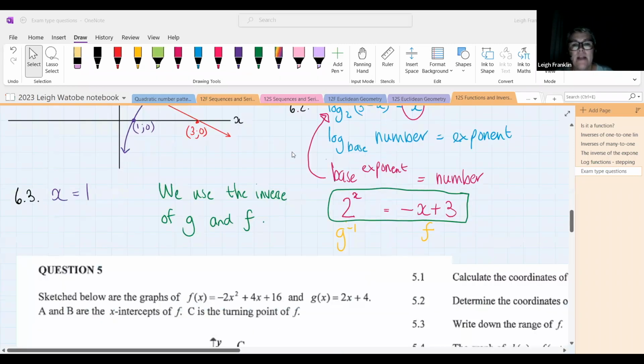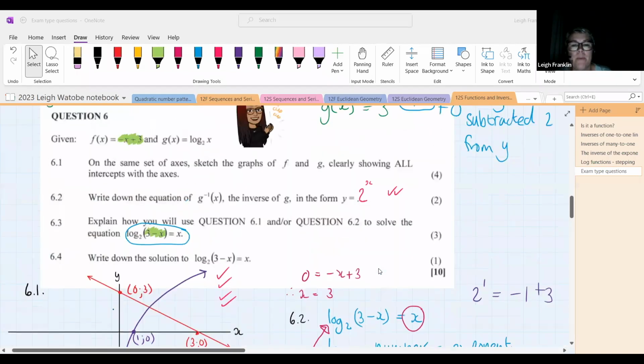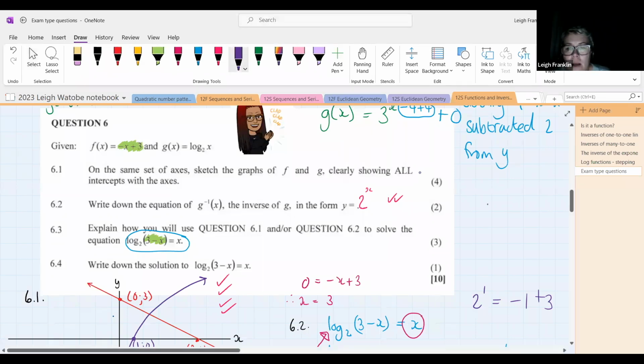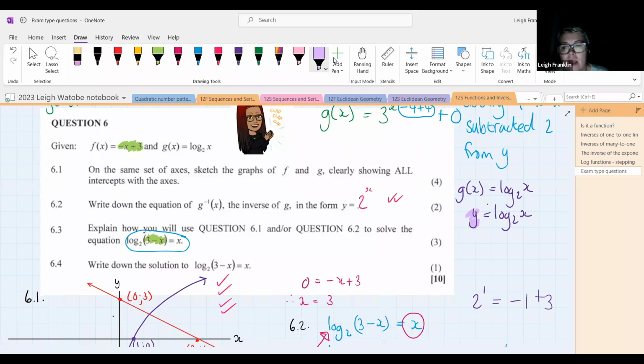Okay, so Mihlali, it goes back to this whole thing about log base, number equals exponent. So when they give you, for example, g of x equals log base 2 of x, that's in log form. So this is y equals log base 2 of x. When we write it in exponential form, y is our exponent, this is our number, and this is our base.